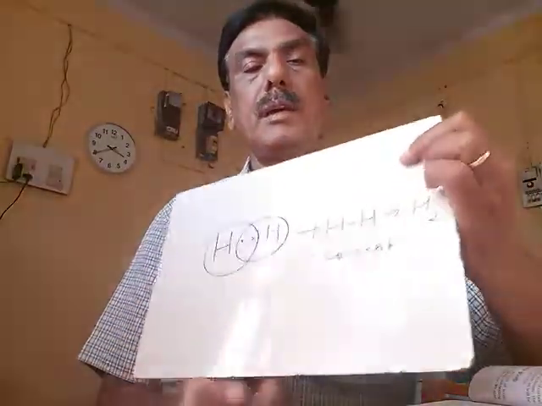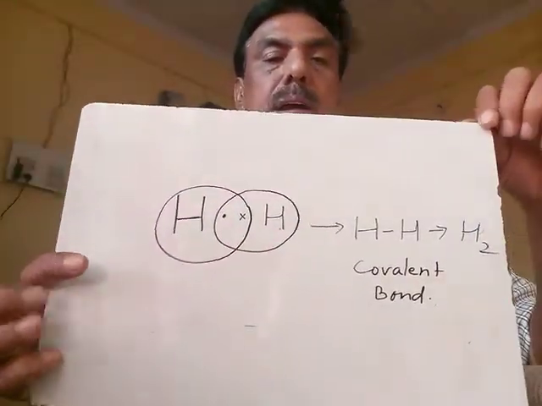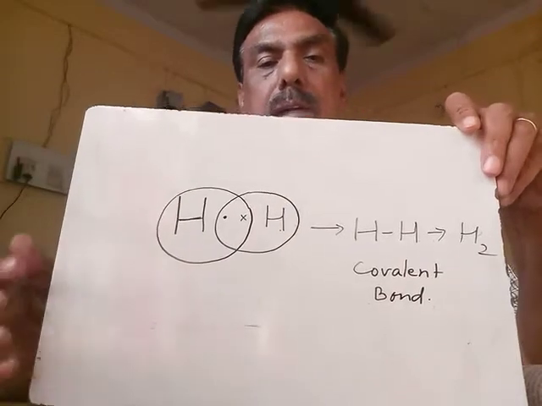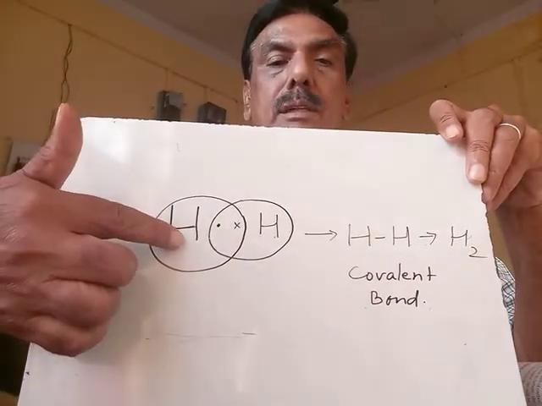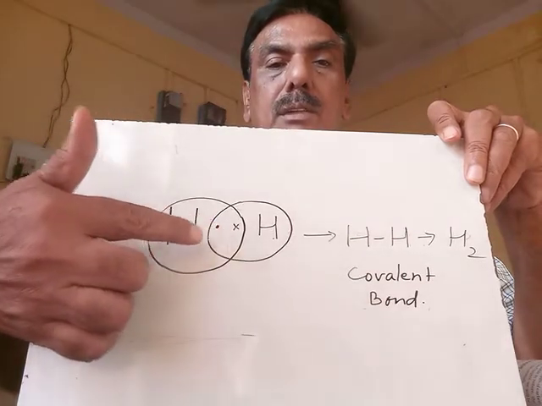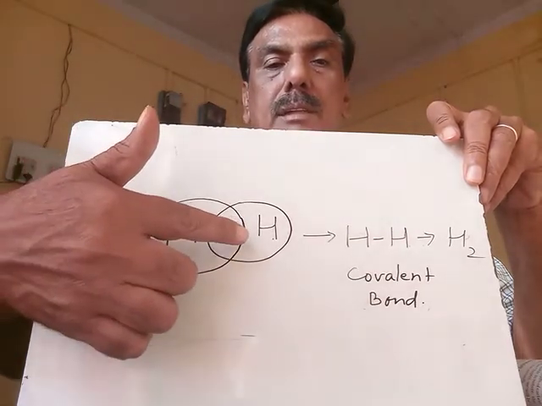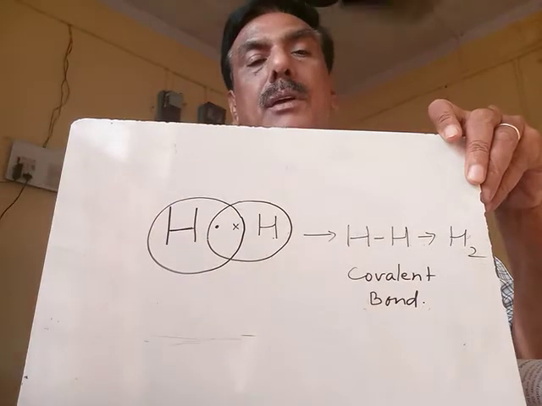So the bond formed between hydrogen and hydrogen is a covalent bond. Now I will show you how this bond is formed. See, this is the covalent bond between hydrogen and hydrogen. This one electron is of this hydrogen, and this electron is of that hydrogen.